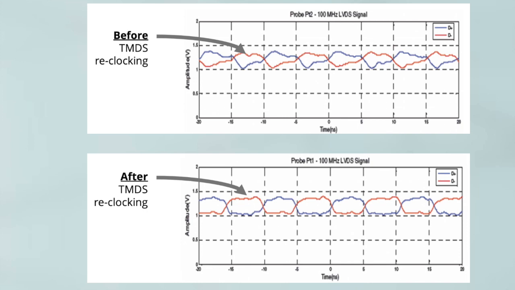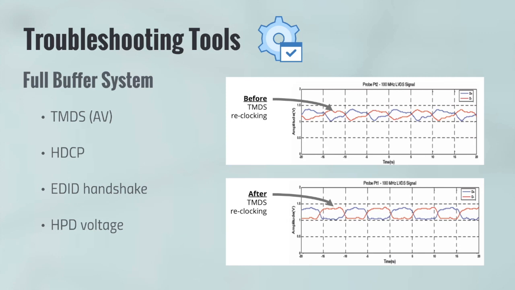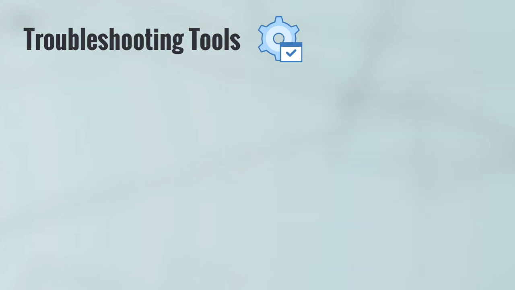So you have a clear 1 and 0 through Key Digital's TMDS reclocking, and that's a setting that is always applied. There is no on or off feature to that.